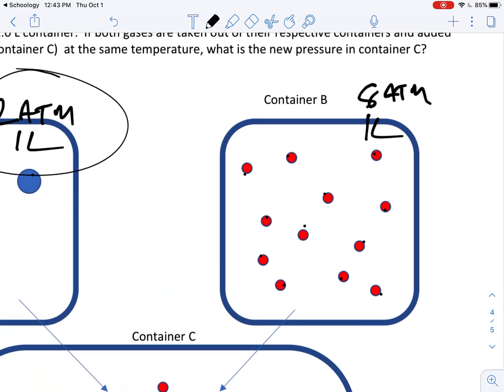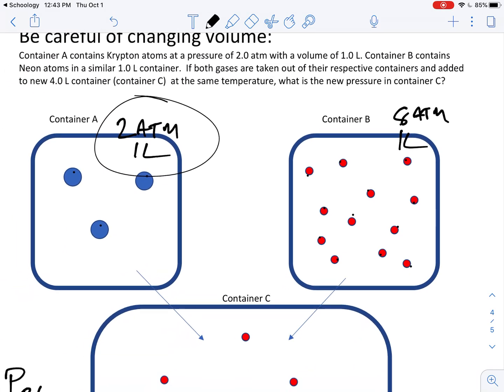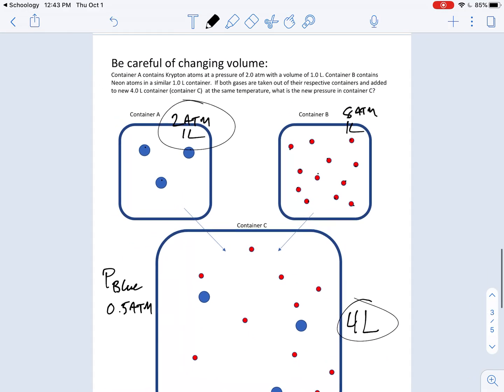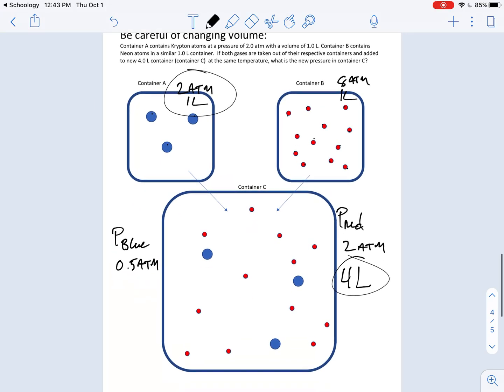Same thing over here. If these red gases started at 8 atmospheres and 1 liter, and we quadruple the volume, the pressure of the red has to go down by a factor of 4, so the pressure of red is now going to be 2 atmospheres in my new container here.